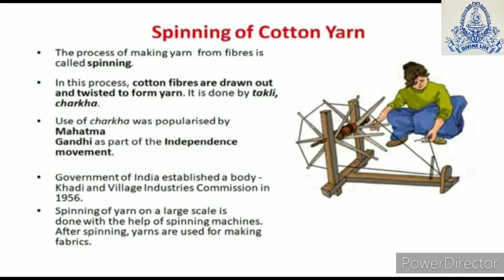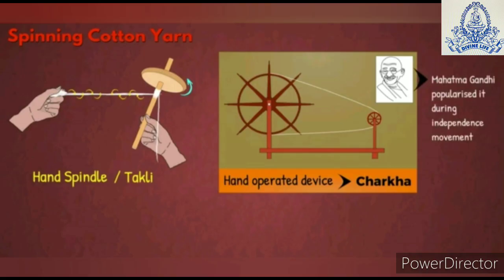After that, the process of making yarn from fibers is called spinning. In this process, cotton fibers are drawn out and twisted to form yarn. It is done by many devices. Some devices are hand operated like takli, charkha. Use of the charkha was popularized by Mahatma Gandhi as part of the independence movement.